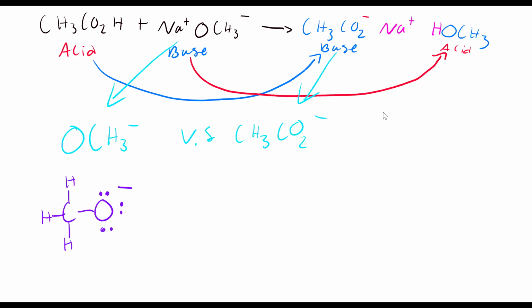Okay. Let's write out the CH3CO2. Since I have a carbon with 3 hydrogens, I'm just going to have it structured like that. There's a carbon. This carbon right here has 4 bonds, and it is going to have an oxygen and another oxygen.